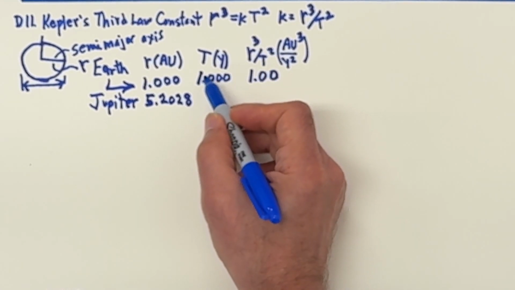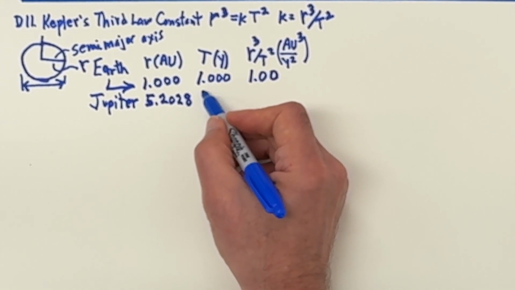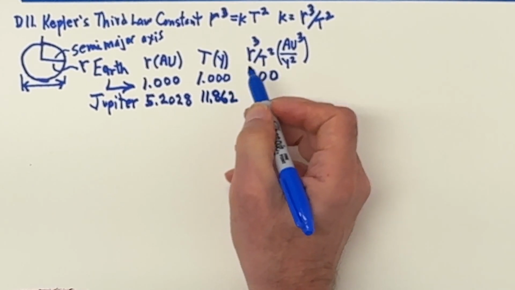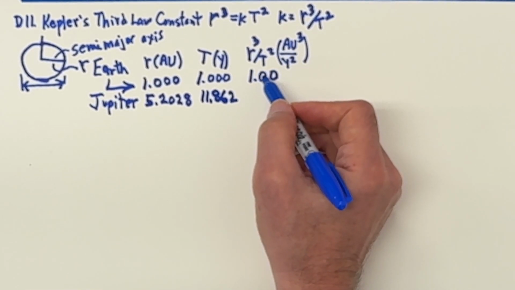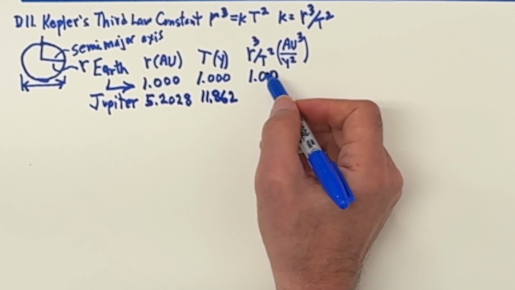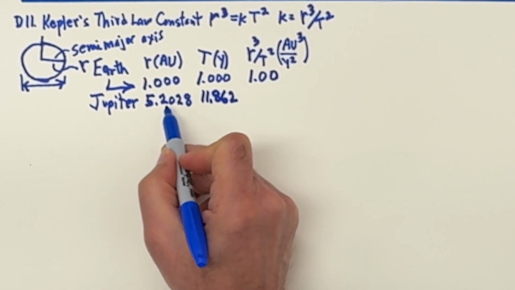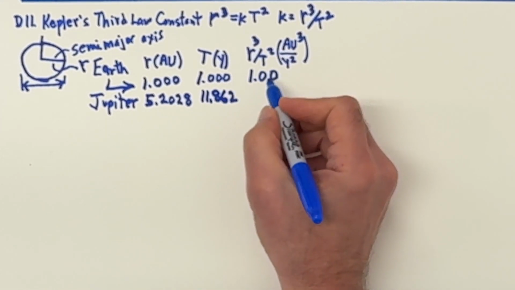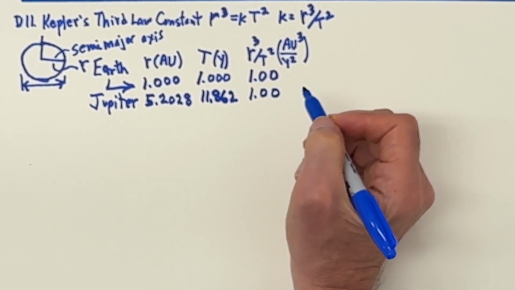And the time, or the period, for the planet to go around the sun is 11.862 years. And now what's this going to be? Well, we're gonna figure that out here. If you take this number and you cube it and you divide by this number squared, you get 1.00. It's worth doing that on the calculator to just check that out.